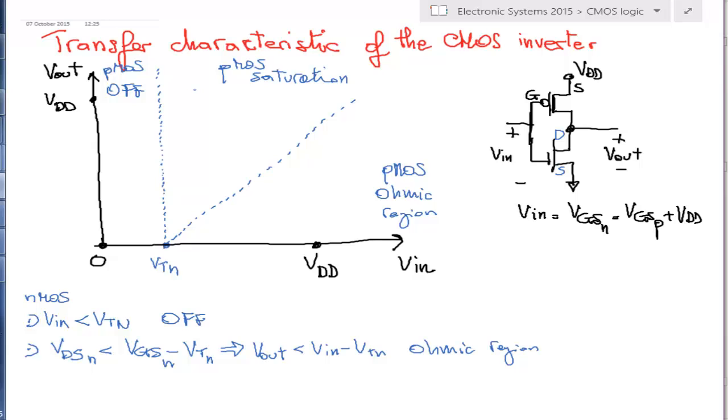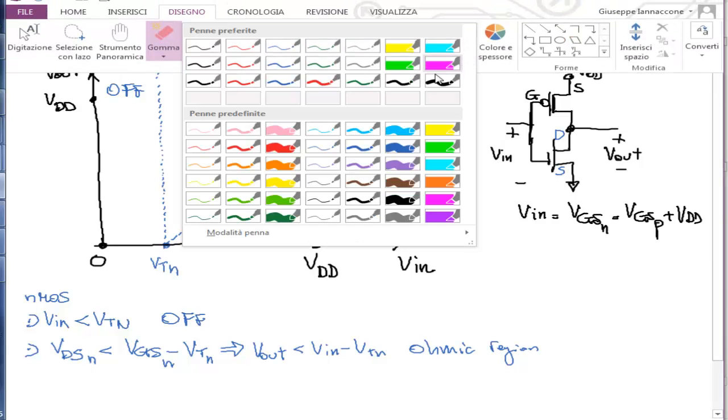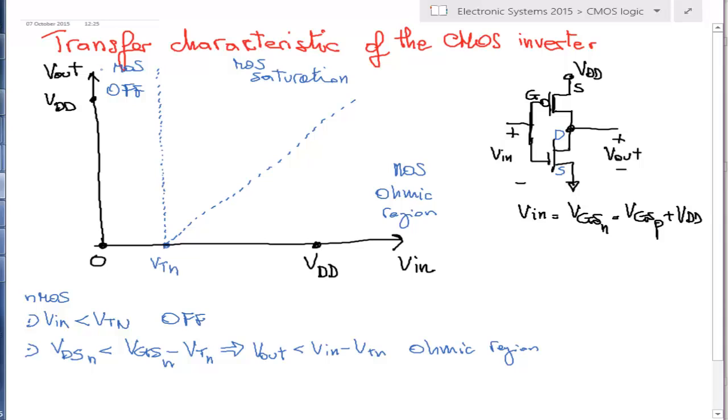I wrote PMOS, but I'm talking about the NMOS. It's difficult to talk and to write at the same time. You need to talk, to write, and to think on what you have to say after, and then one makes confusion. Okay, this is for the NMOS.